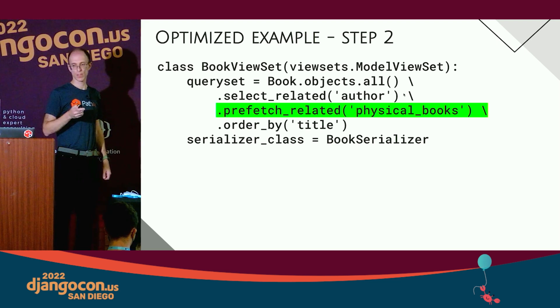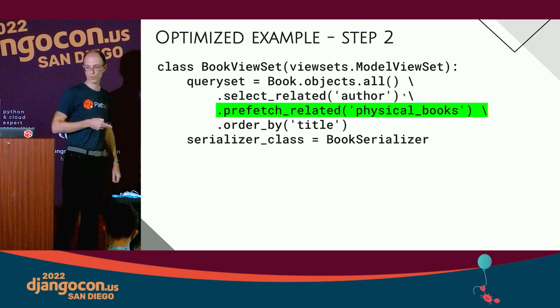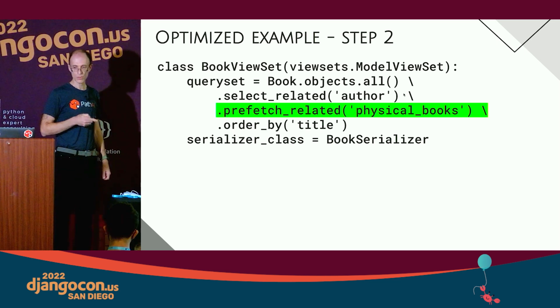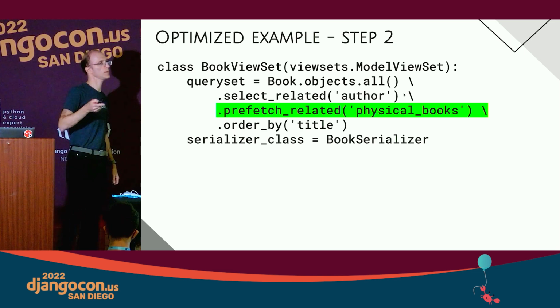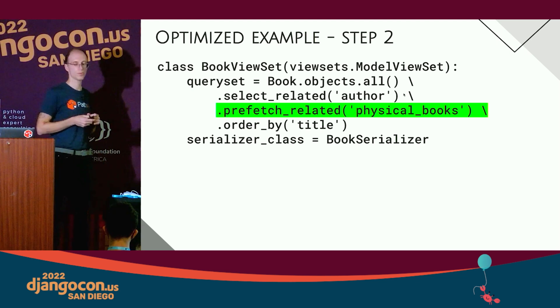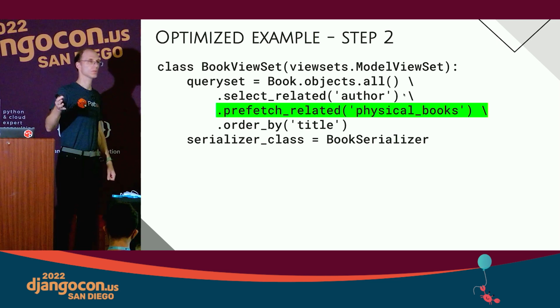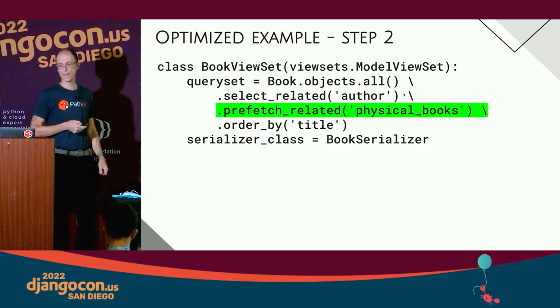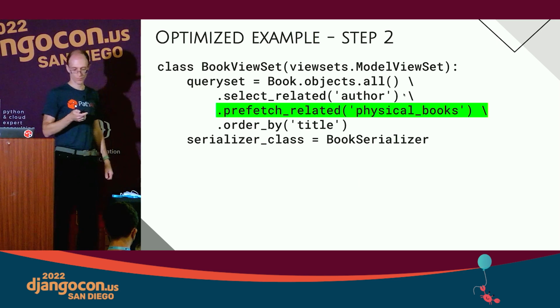For every book, you get physical books retrieved. With prefetch_related, you don't eliminate the extra queries, but you just get one per type. In this case, since there's only one other related object, physical books, you'll just get one extra query regardless of how many instances of the primary object you're retrieving here.